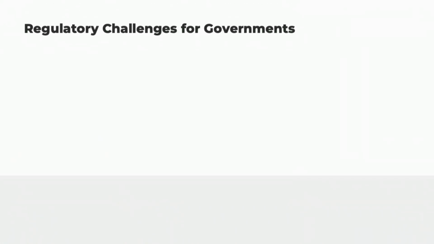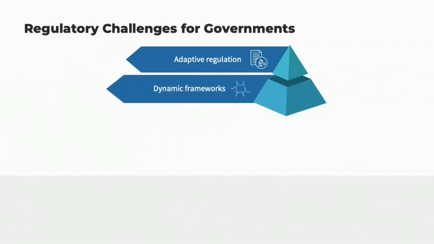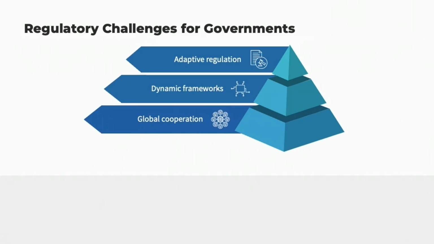Regulatory challenges for governments. Governments need to develop regulations that are flexible enough to adapt to the rapid pace of AI advancements, while robust enough to protect public interests. This might involve creating frameworks that are regularly updated based on technological developments and societal feedback. AI's impact transcends national borders, necessitating global cooperation in regulatory approaches.